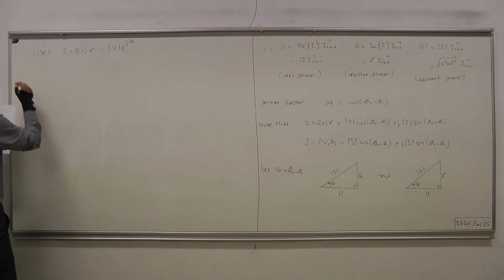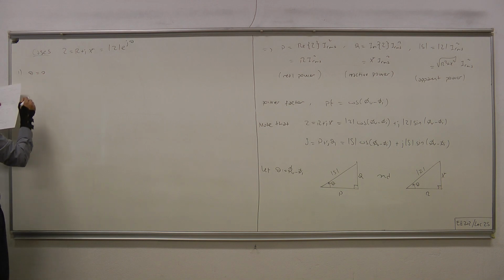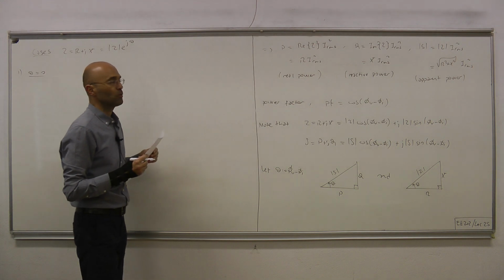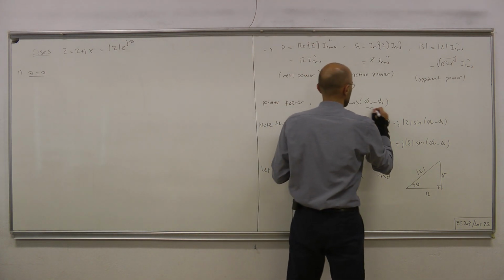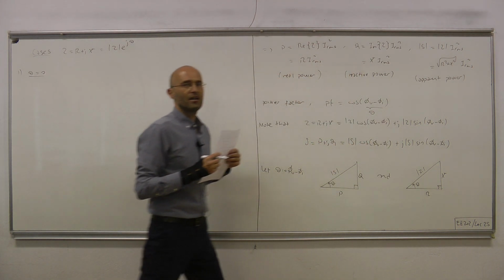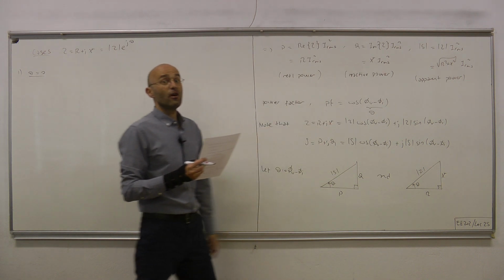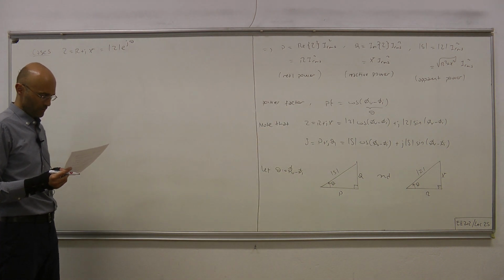Okay, so case 1, theta equals 0. Okay, so when theta equals 0, remember that this is our theta. Power factor is as large as possible, namely power factor is 1.